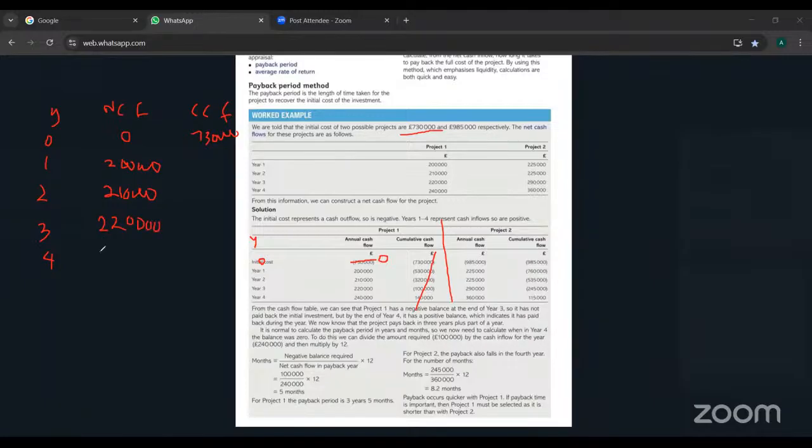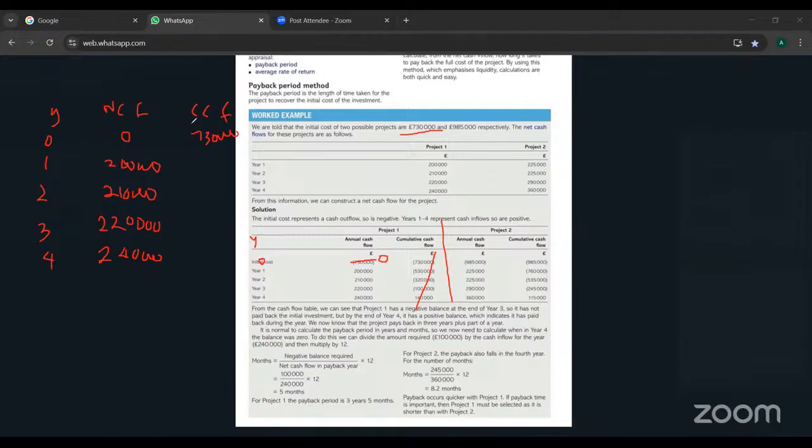Year 4 it's 240,000. So now in the exam, they will give only the question. So it's very easy when you all do payback period in the table format. So just draw tables like this and just write like this, and then you all can do it.